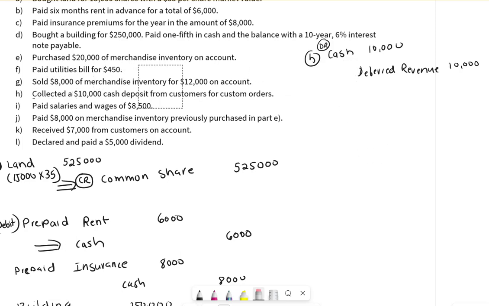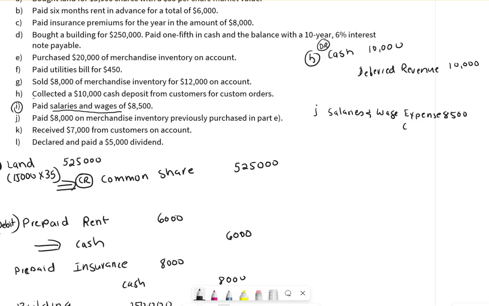My next one is we paid salaries. If you pay salary, that's an expense, we paid salaries and wages expense of $8,500. So that will be your I, and we say salaries and wages expense, and that is for $8,500.